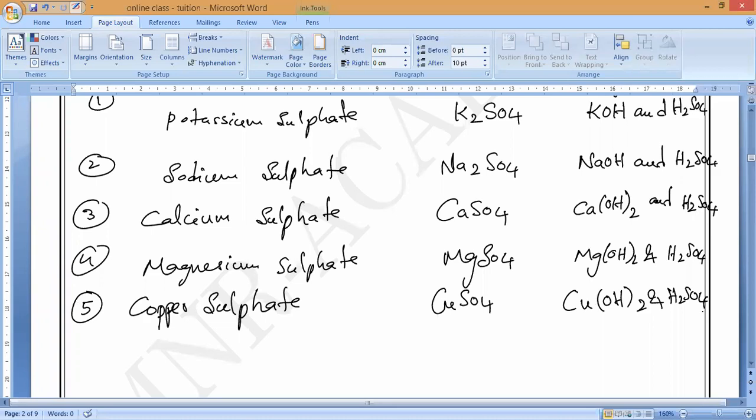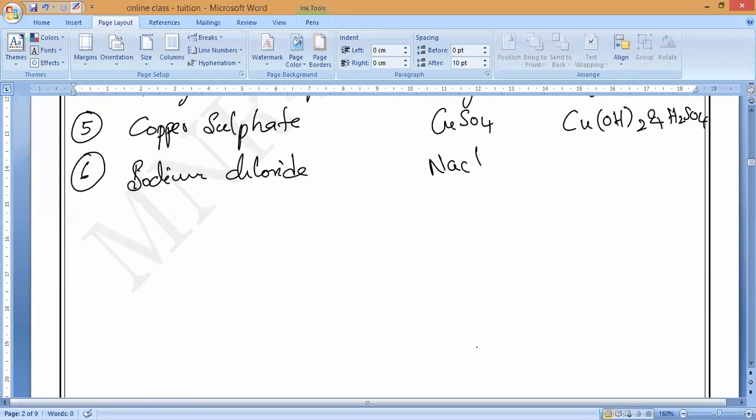Next, sodium chloride. You already know sodium chloride. NaCl. What is the acid and what is the base? NaOH and HCl.